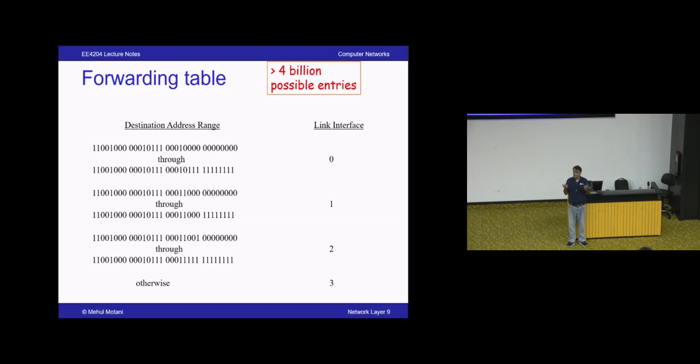How many possible destinations are there if I have a 32-bit IP address? Yeah, this is a question for you. Yeah, 2 to the power 32, which is about 4 billion. So in theory, every forwarding table should have 4 billion entries.